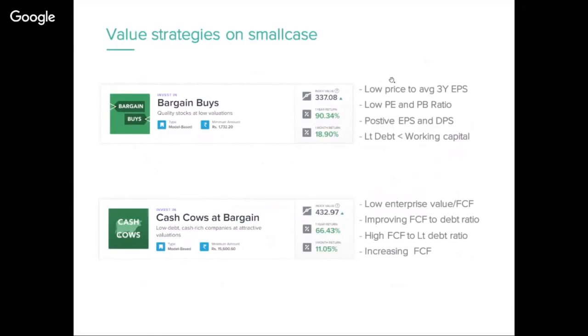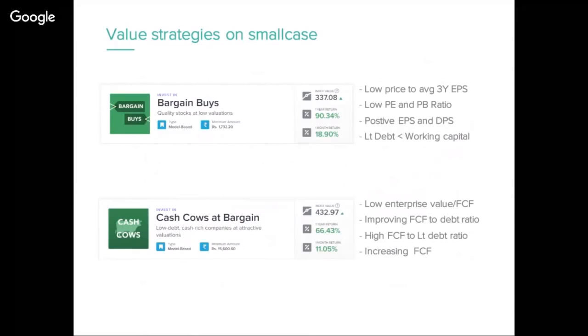As you can see, the first factor is low price to average 3-year EPS, and the second is low PE and PB ratio. So basically, these two factors are trying to identify undervalued stocks, that is, stocks with low PE, PB, and low price to 3-year average EPS ratios. Once these two factors select the undervalued stocks, by using the next two factors we try to remove the bad discounts that are available.